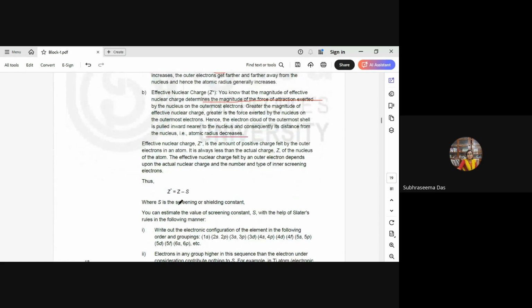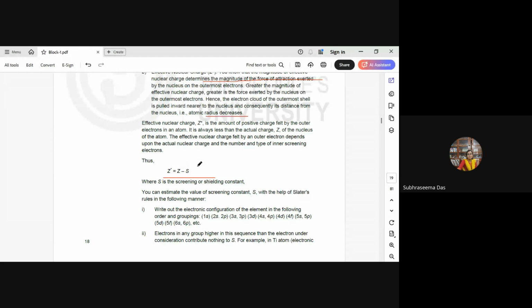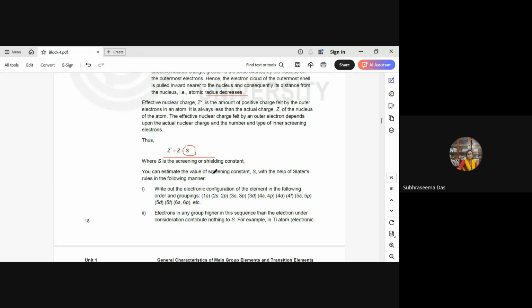Mathematically, we can write Z star, the effective nuclear charge, as Z minus S. Here S is called the shielding constant. This shielding constant is estimated with the help of a rule called Slater's rule. Slater developed this rule, and once we know the value of the shielding constant, we can find out the value of the effective nuclear charge, Z star.